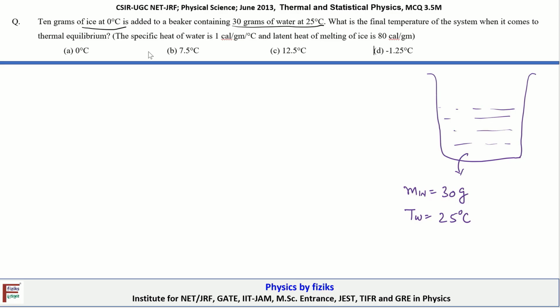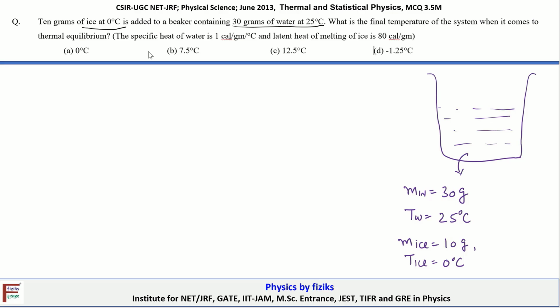And what is the final temperature of the system when it comes to thermal equilibrium? We are given the specific heat of water as well as the latent heat of melting of ice. In this water we add 10 gram of ice. So the mass of ice is 10 gram, and T ice is 0 degrees Celsius.